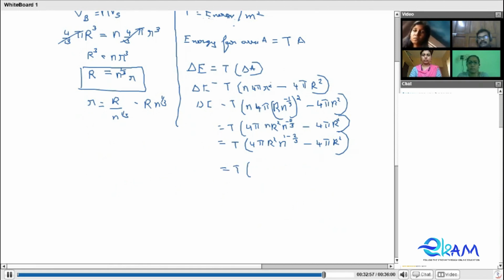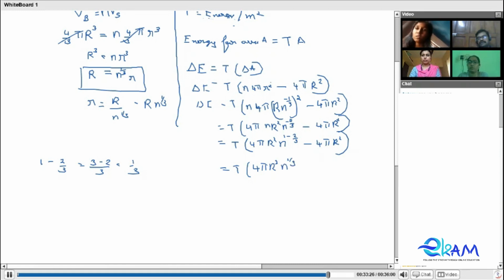What is n raised to 1 minus 2 by 3? We can simplify that. If you take the LCM, you will get 3 minus 2 divided by 3, right? So what is this? Yes, 1 by 3. So 4 pi R square n raised to 1 by 3, minus 4 pi capital R square.